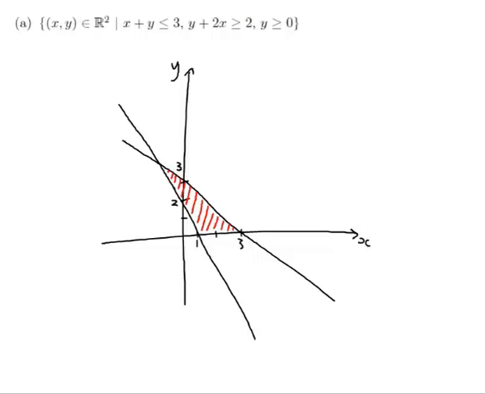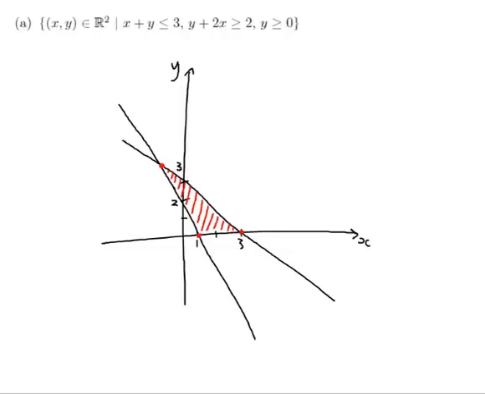Okay, all I need to do now is find the vertices, which is what the question said. Now, a vertex, well, in English it means it's a corner. There's a proper formal definition, but corner will do for my picture. My set has 3 corners. It's got one here, one here, and one here.